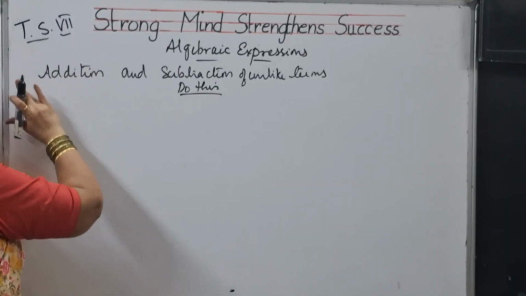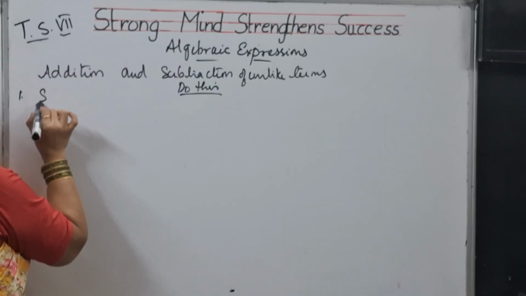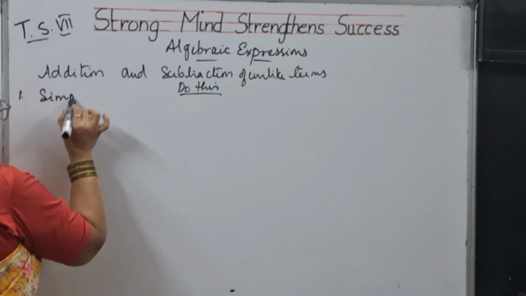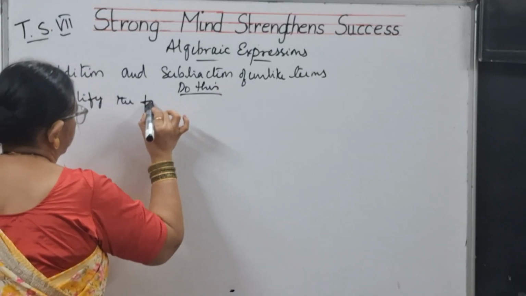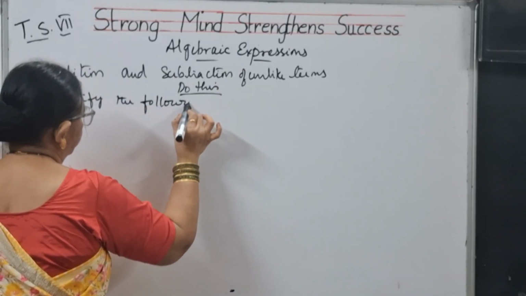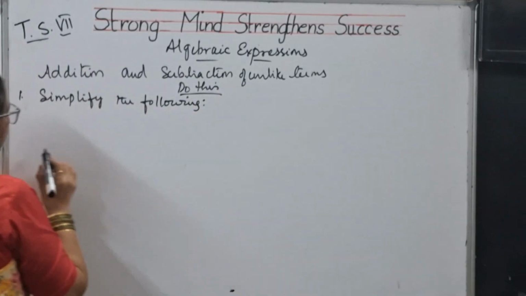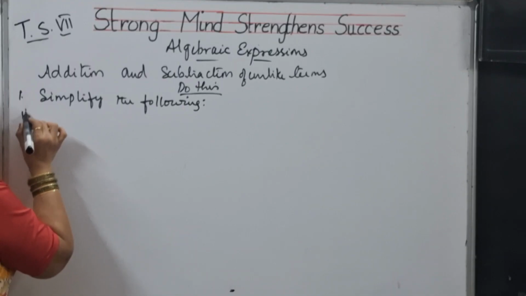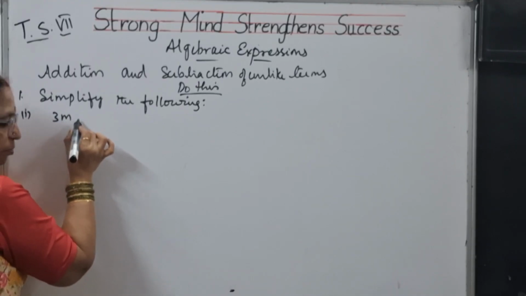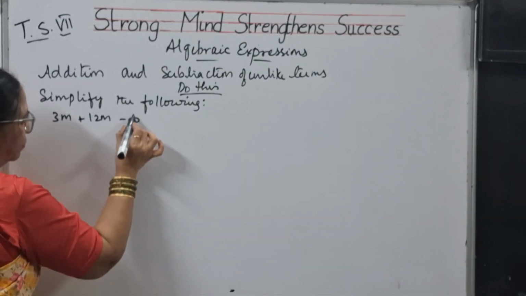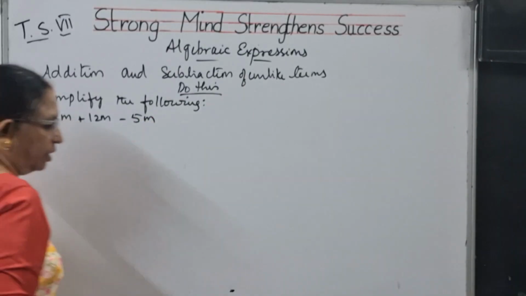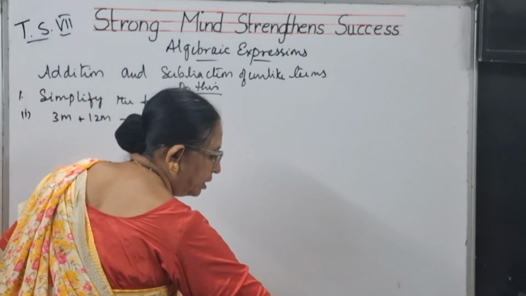Simplify the following. You have to only simplify them. So let us see what they are. The first one is 3m plus 12m minus 5m. Of course, here all are m's.